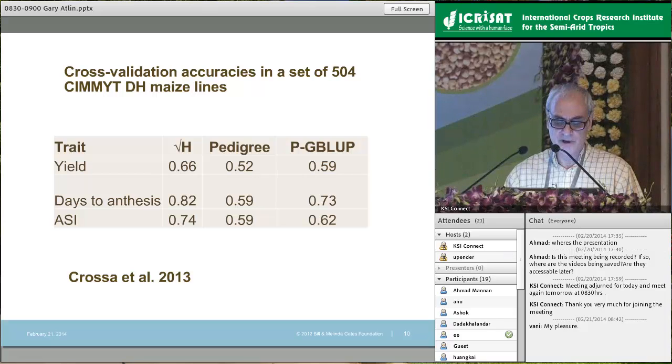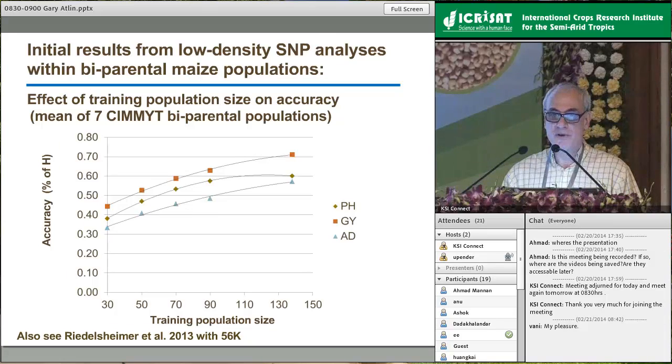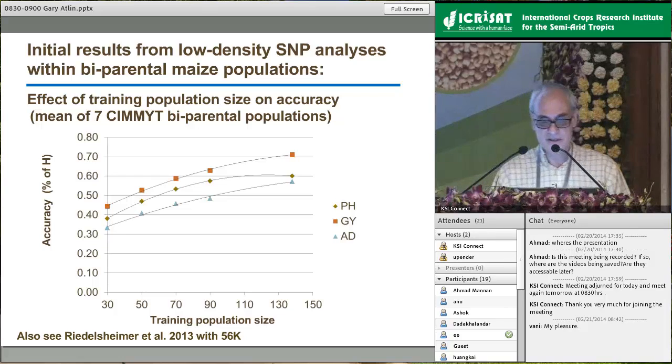There have been a number of CIMMYT biparental populations in which this has been estimated, and the accuracies, similar to other studies, tend to top out, even with relatively small, low marker density, as was the case in this experiment conducted by the CIMMYT maize program and analyzed by Pancho Crosa's team and Vanessa Windhausen. They tend to top out at about 70% of the correlation based on phenotyping alone.